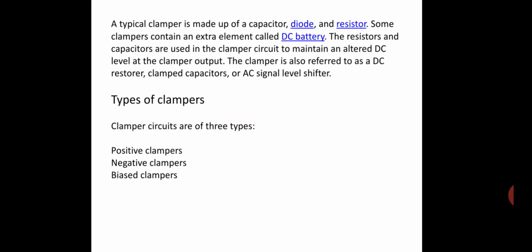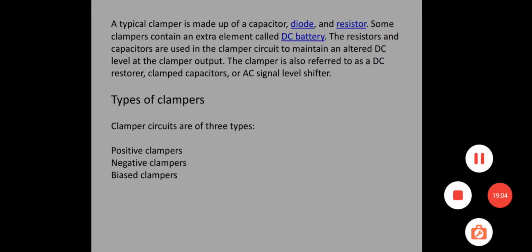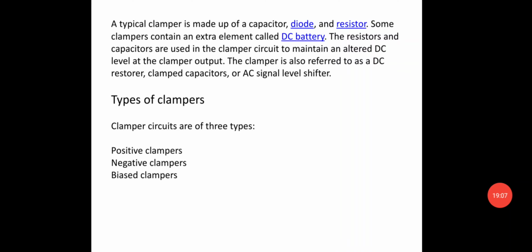Biased clamper. Biased clampers are used in positive or negative. When a battery is used with a positive clamper, it is called a positive biased clamper. When a DC battery is used with a negative clamper, it is called a negative biased clamper. Biasing is used for shifting the level, or controlling the diode's reverse bias and forward bias.